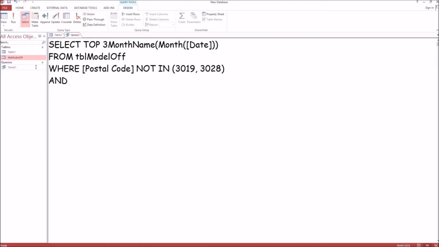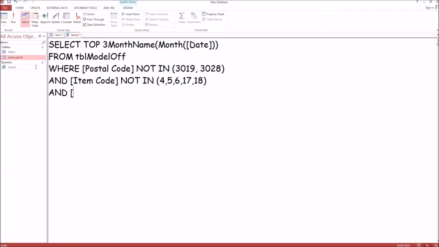And item code not in 4, 5, 6, 17, and 18. So we're excluding all of the records for these items sold.